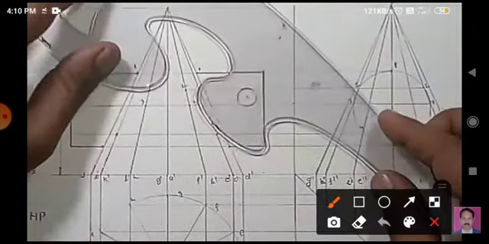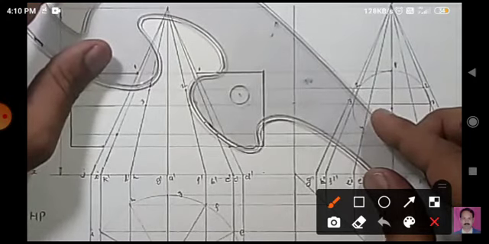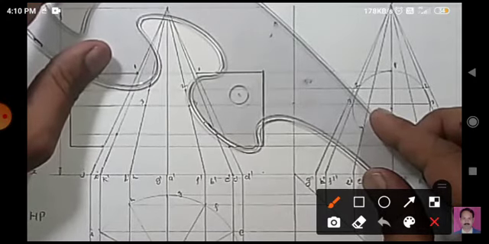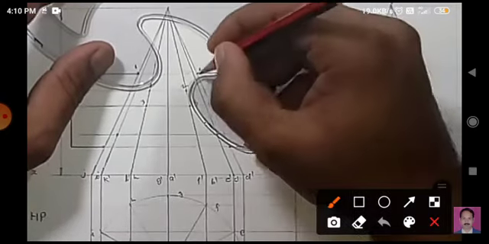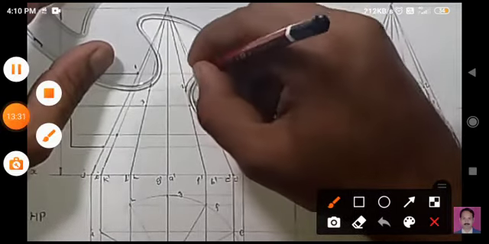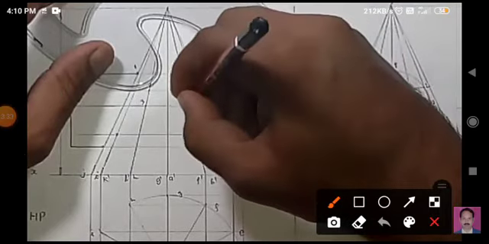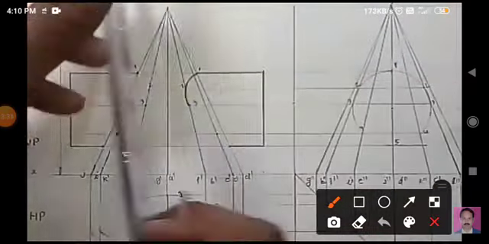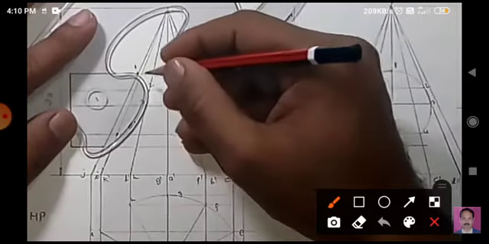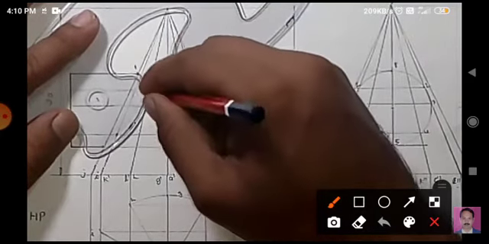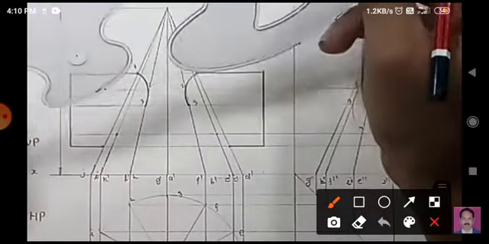Join with the French curve. Don't draw it with freehand. You have to use the French curve. Just invert the French curve to draw another part which is similar to that.